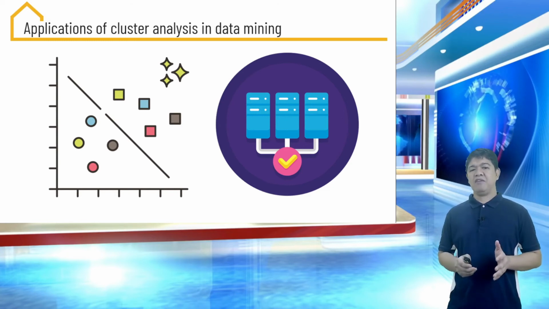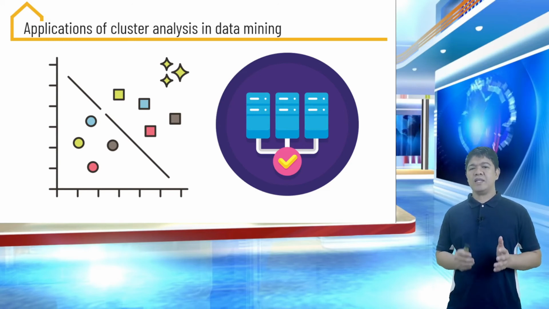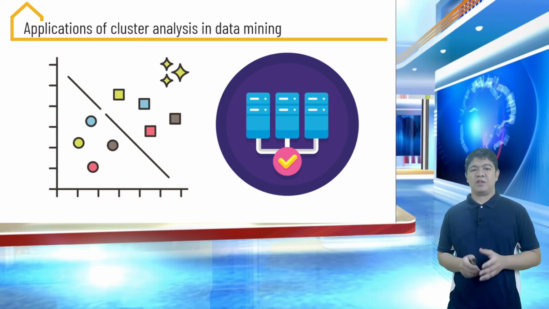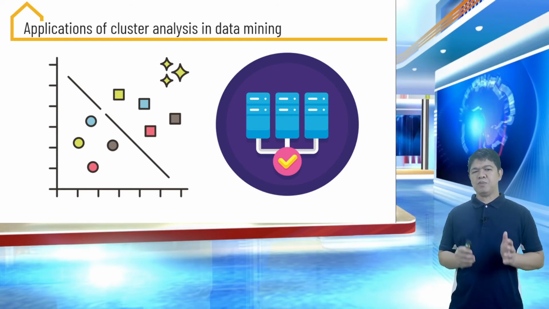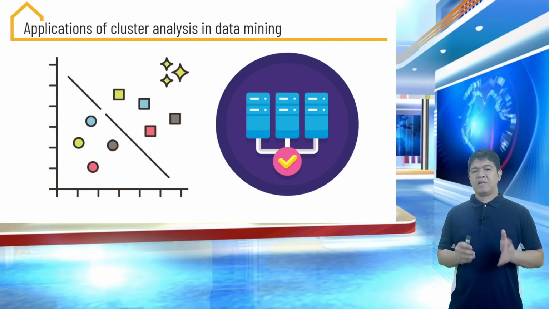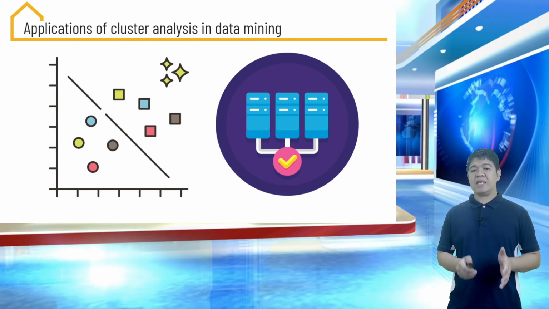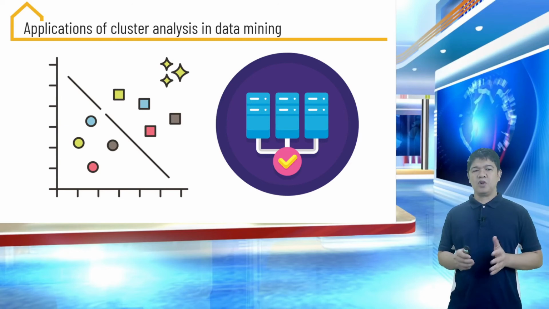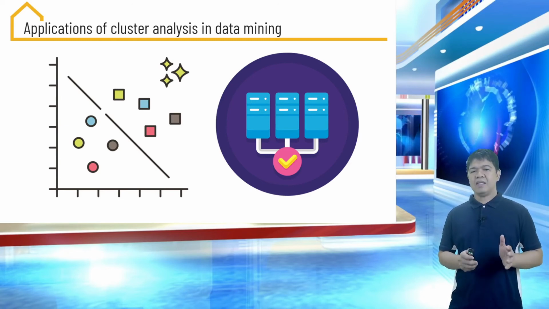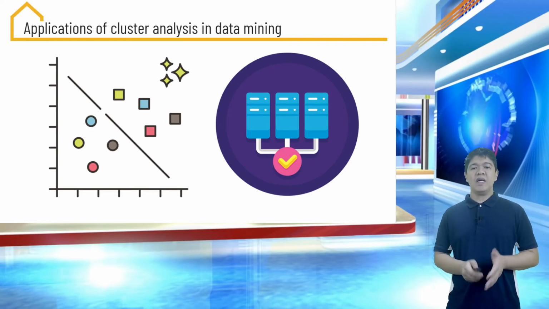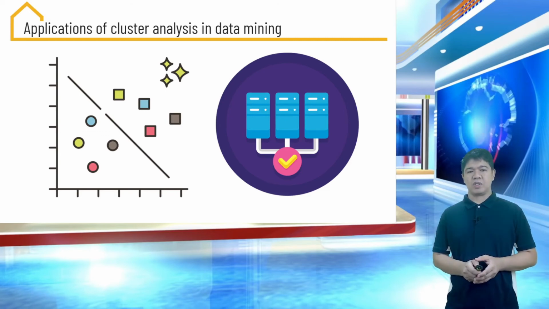As a data mining function, cluster analysis serves as a tool to gain insight into the distribution of data to analyze the characteristics of each cluster. In terms of biology, it can be used to determine plant and animal taxonomies, categorization of genes with the same functionalities, and gain insight into structure inherent to populations.